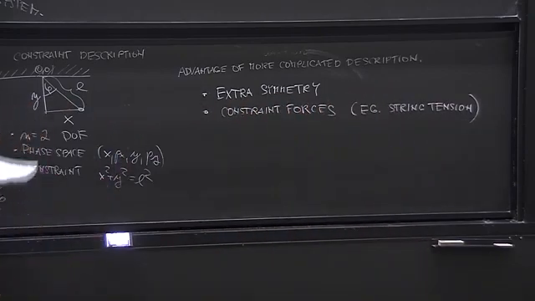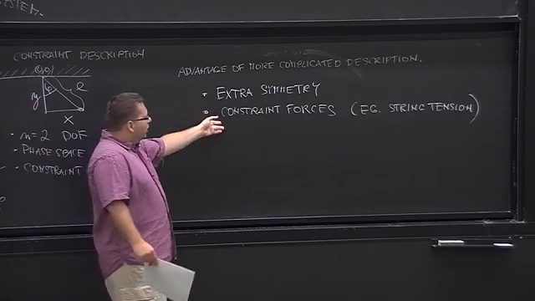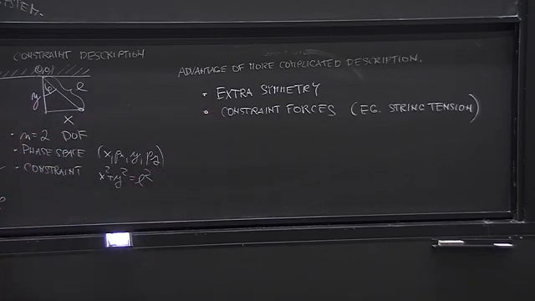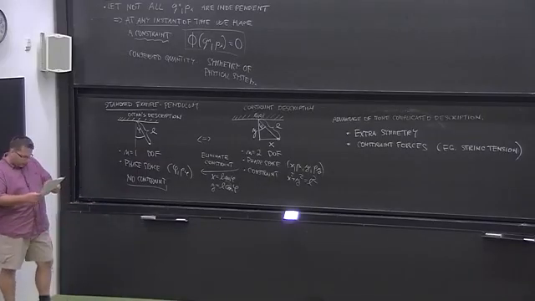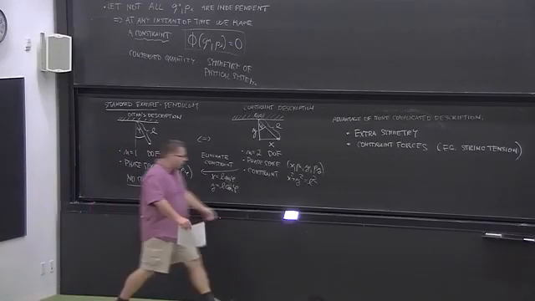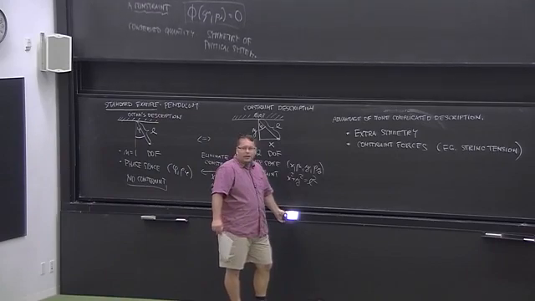So really there is something good about the constraint description, and although you are making your system apparently more complicated by adding degrees of freedom, you get an extra symmetry, and you can learn more about the system. Okay, so now this is what it is. Are there any questions?